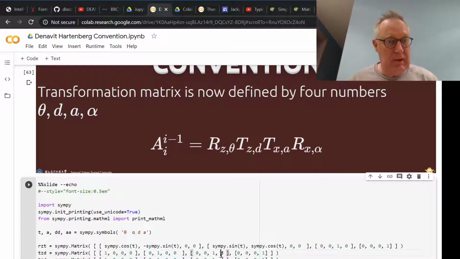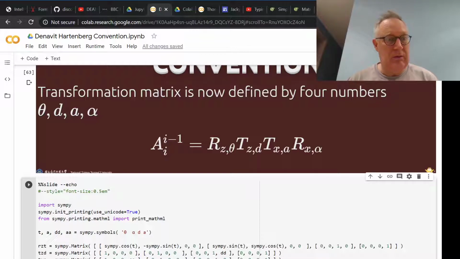This should be DD, and this should be TXA. We have 1, a, 0, 1, 0, 0, 0, 0, 1, 0, and 0, 0, 0, 1.